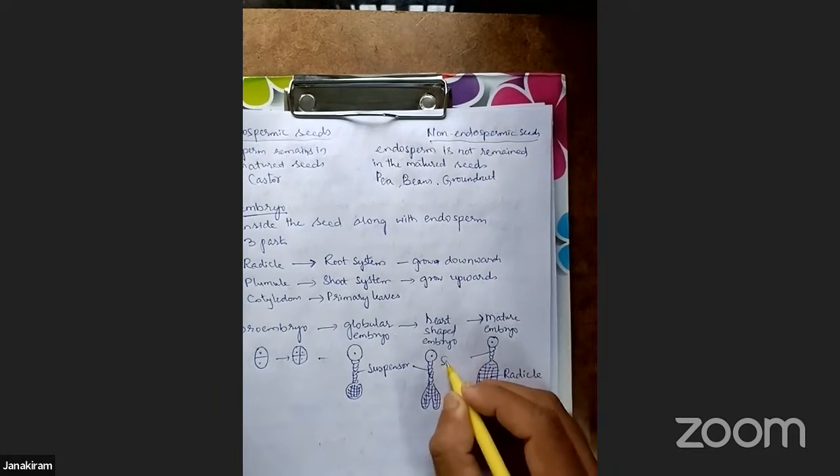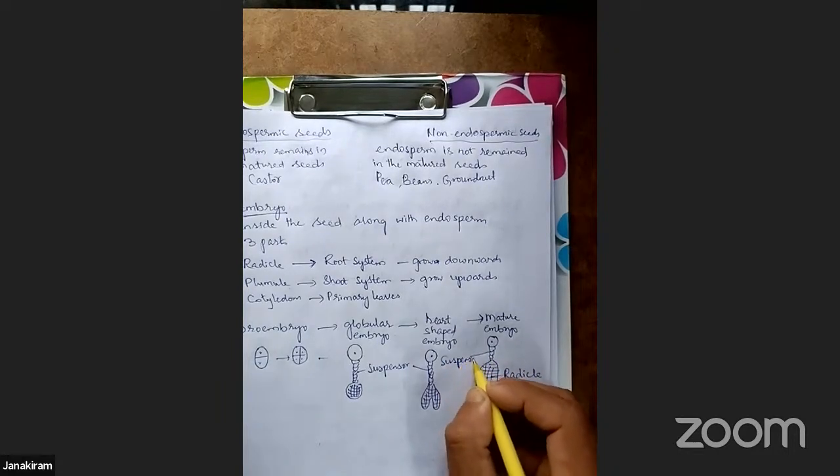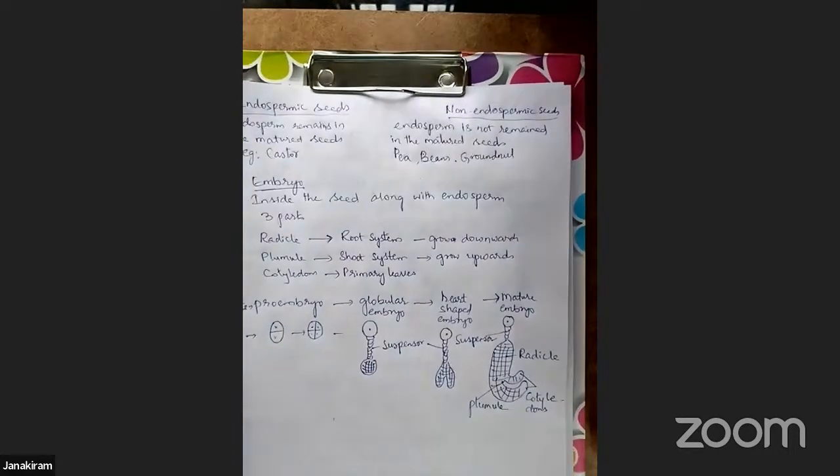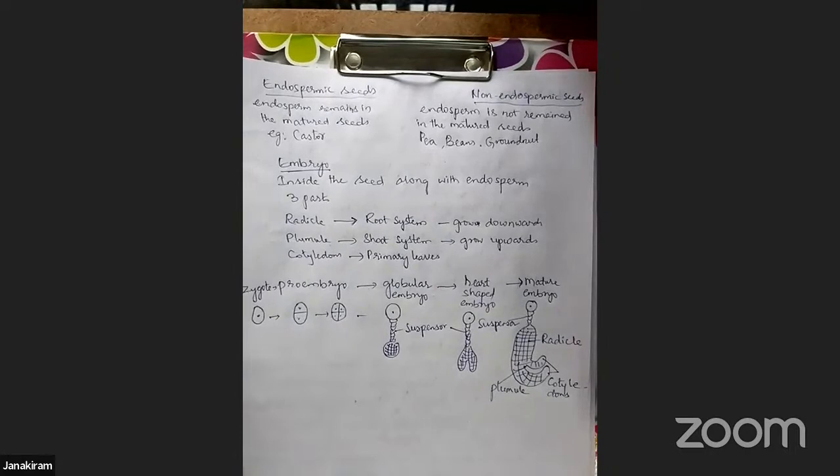This is called the suspensor. And here the plumule will be present, and 2 cotyledons are present. This is a diagram related to dicot seeds, that's why 2 cotyledons are shown here. So these are the different stages of embryo formation, starting from zygote, leading to pro-embryo, then globular embryo, then heart-shaped embryo, and forming into a matured embryo.